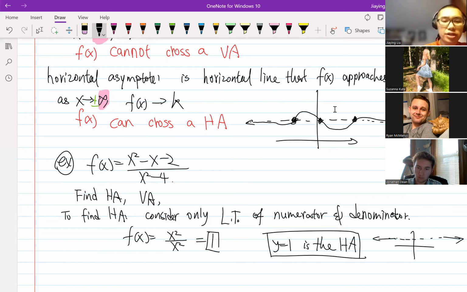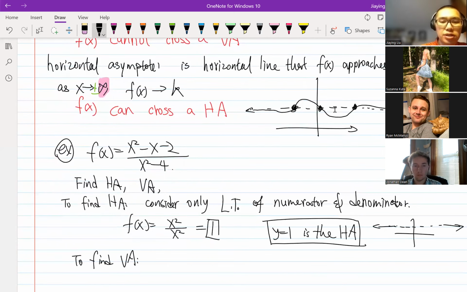Now to find the vertical asymptote, we don't take the leading terms. To find the vertical asymptote, we have to factor both the numerator and denominator first before we find the vertical asymptote. So let me use a different color. Step 1, factor f of x completely.